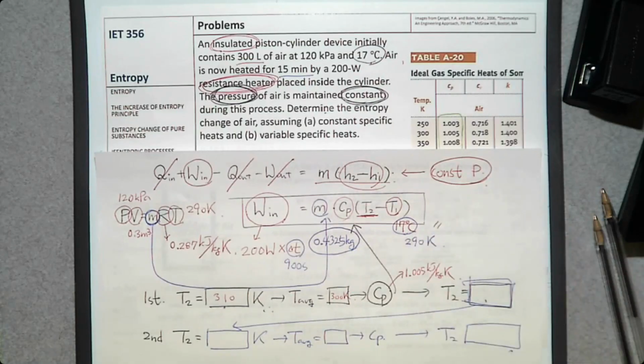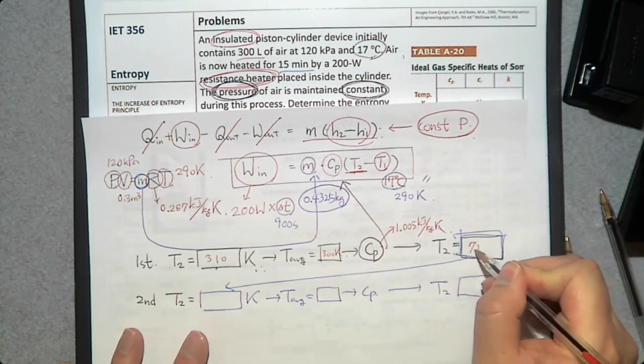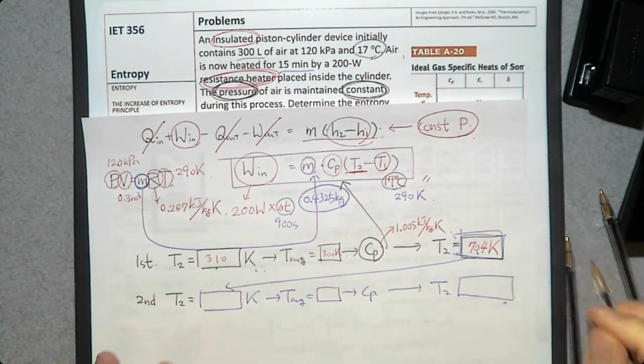We have 200 watts times 900 seconds, divided by 0.4325 and divided by the specific heat, 1005. Then we get 414 plus 290, then we get 704. So if you do the calculation, you get 704 Kelvin for the final temperature.